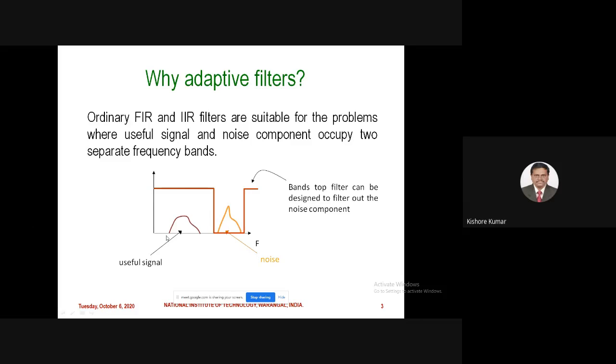Here, if you see, this is the useful signal and this is noise. Here, the signal and noise are separate. In such a case, I can use simple filters, FIR, IIR, or the different types of analog filters to process.